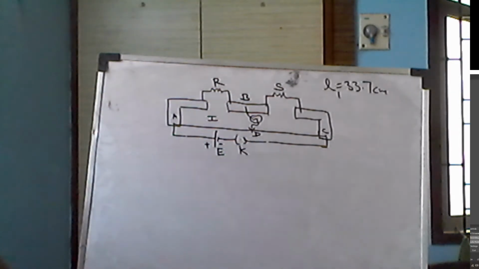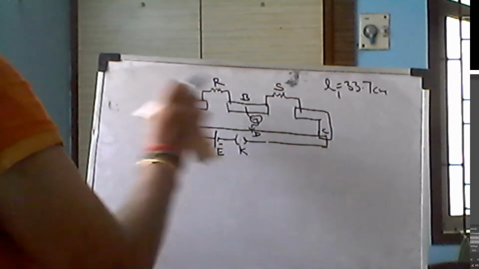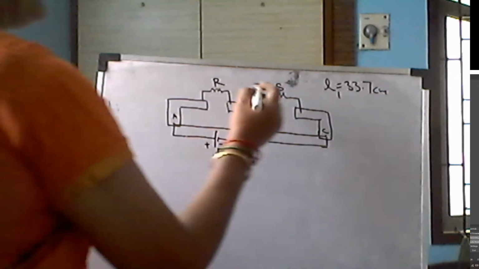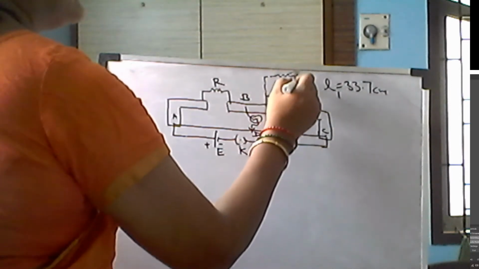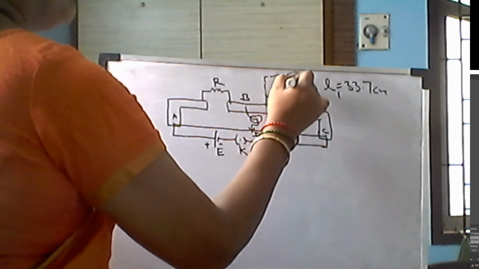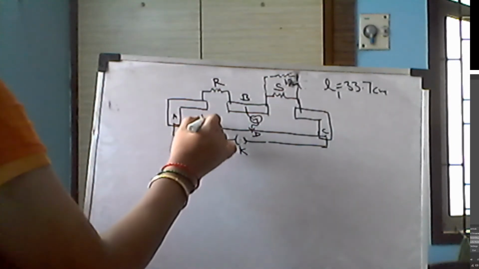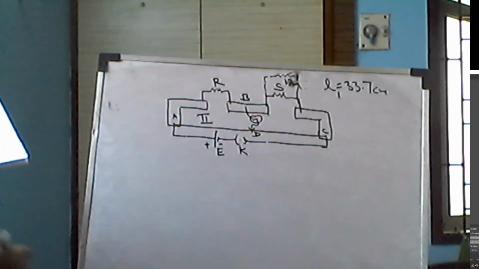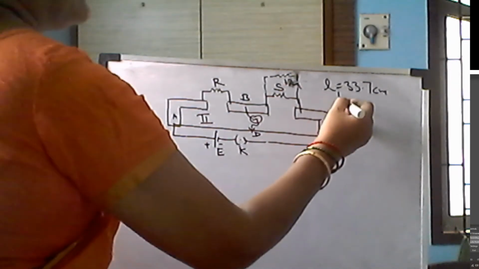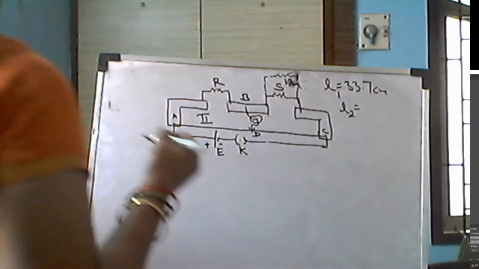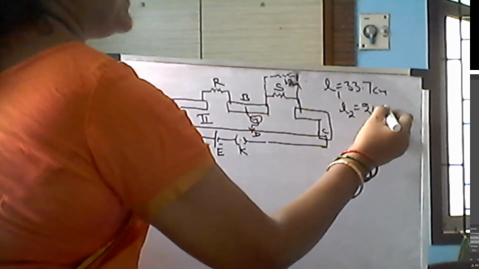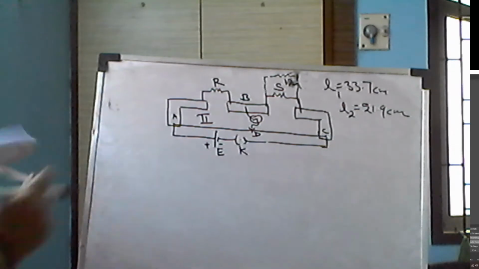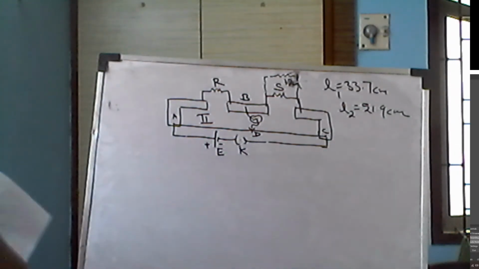Now in the second case, when you connect a 12 ohm resistance in parallel, the null point shifts from the same end, and L2 is 51.9 centimeter. This is a book example question. You are supposed to find out R and S.